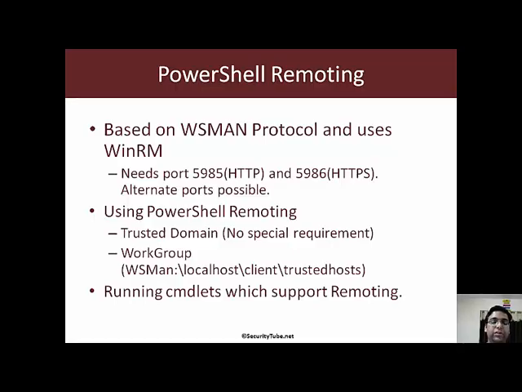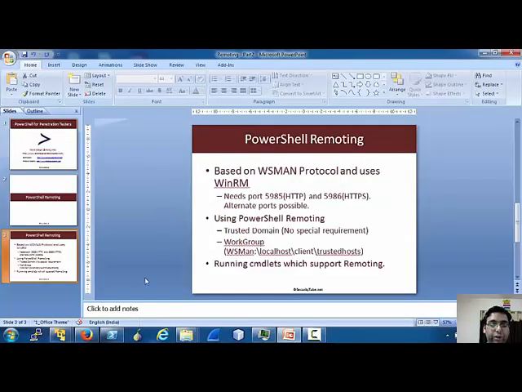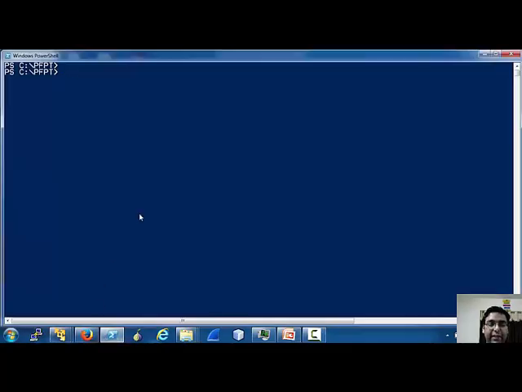But if you are part of a workgroup or not joined to the same domain as the target, then on your machine, that is the attacker's machine, a simple change needs to be done, and that is to tell your machine to trust the target machine or the target network for sending the credentials.